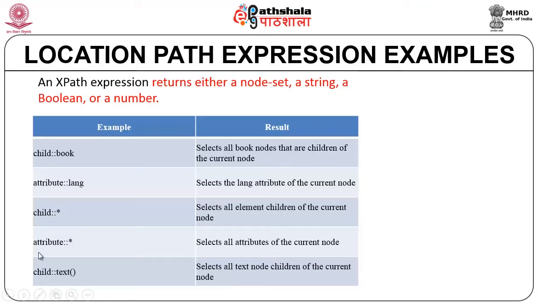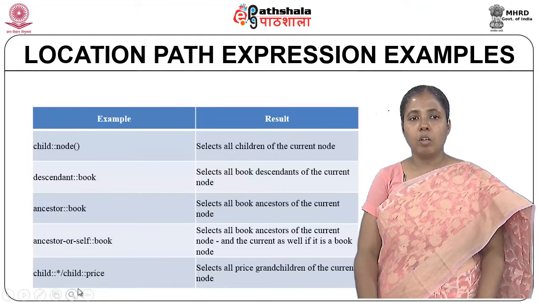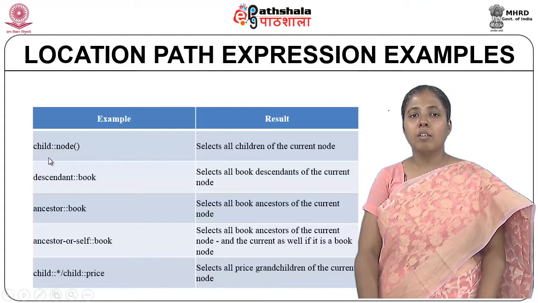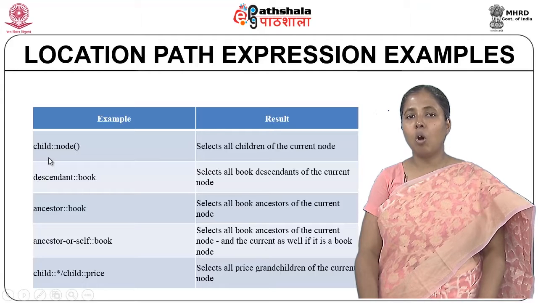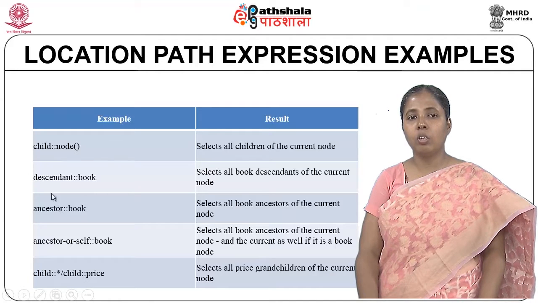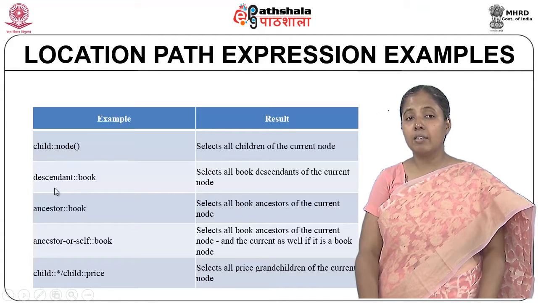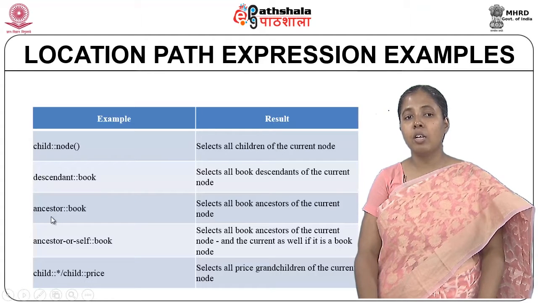So, the relative access is given as child, attribute and so on. Now, you can see here this is an example which selects all children of the current node. This selects all book descendants of the current node. This selects all book ancestors of the current node.